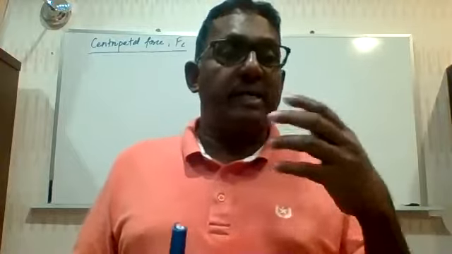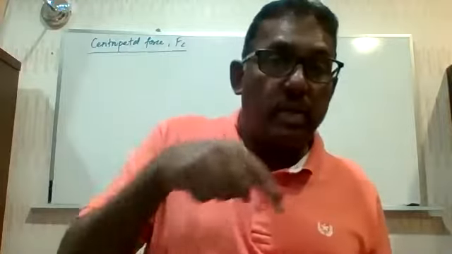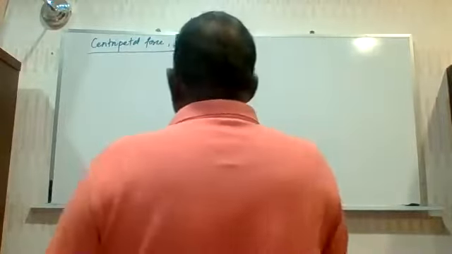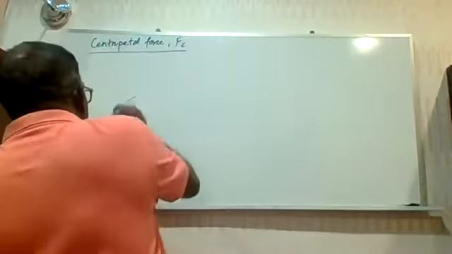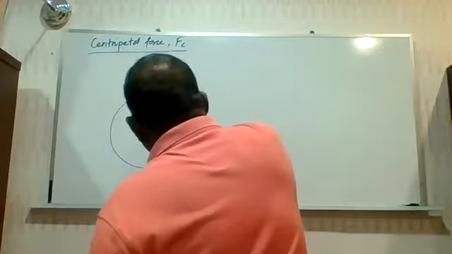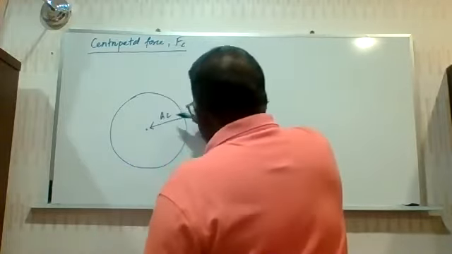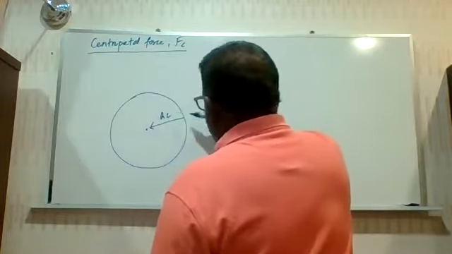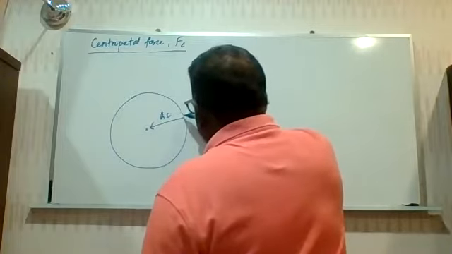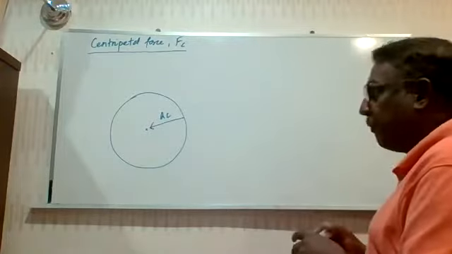Therefore, there is a net force acting on an object that is moving in a circular motion. So when an object is moving in a circular motion, there is a centripetal acceleration directed towards the center of the circle, and this centripetal acceleration is generated by a centripetal force.